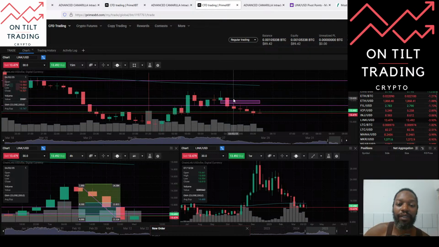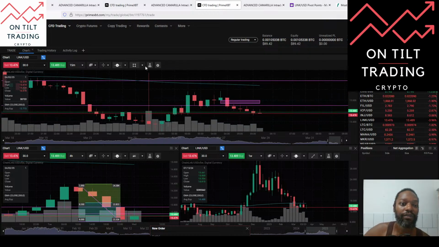I'm seeing this gap as a potential fair value gap, but I don't think this would be enough pullback for what this is showing me. I could be very, very wrong, but we'll see how this goes moving forward.